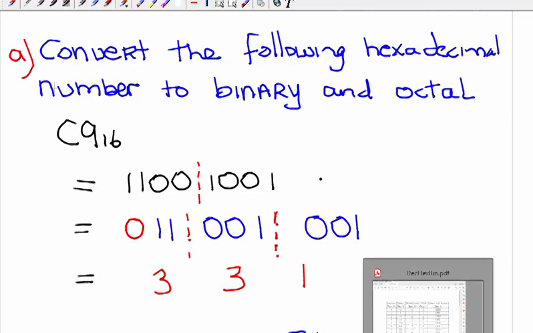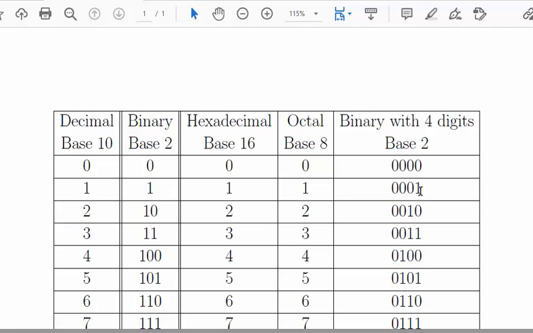In this case, you can ignore the first 0 here and just look at the 3 digits starting from the right-hand side. 001 and 011. So essentially, that corresponds to 3, 1, and 1.